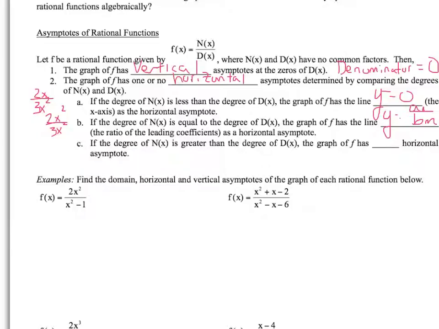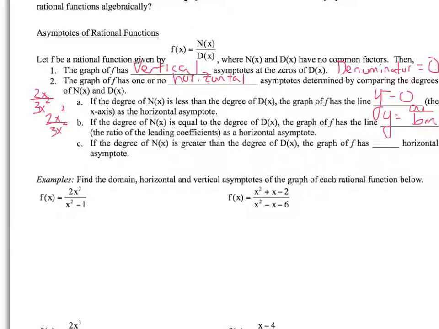In the case on the left-hand side here, the numbers in front of your x squareds are 2 and 3. So your equation for the horizontal asymptote would be y equals 2 divided by 3, which is 2/3. And we'll practice this below, so don't worry if you're a little confused right now.